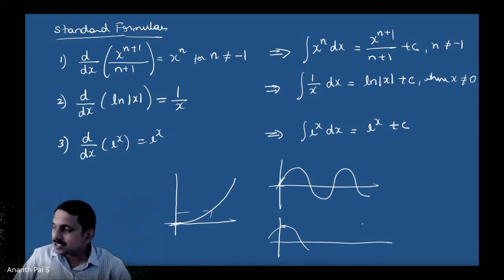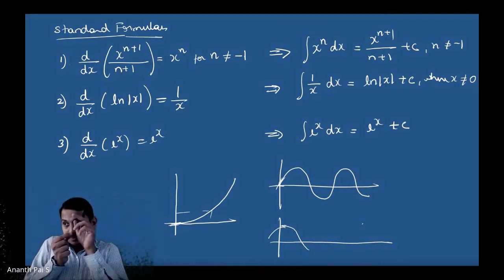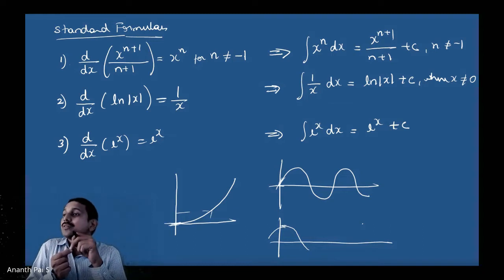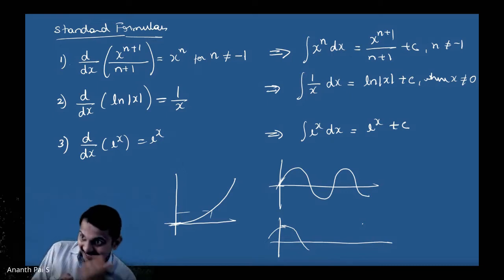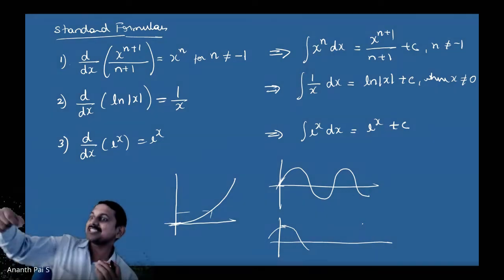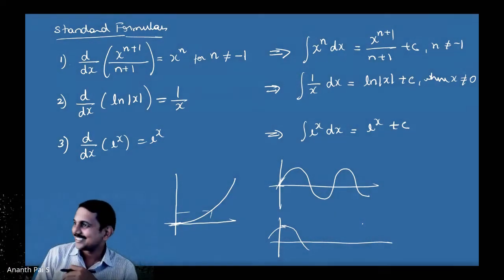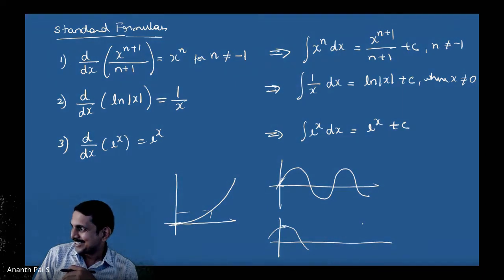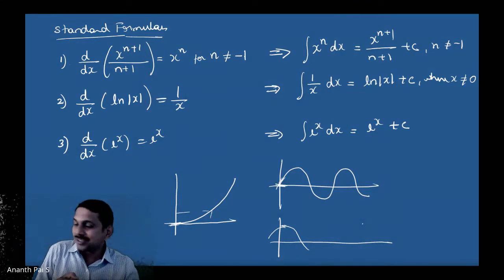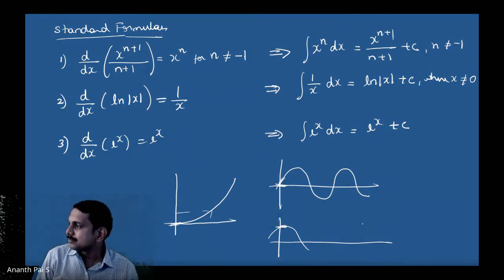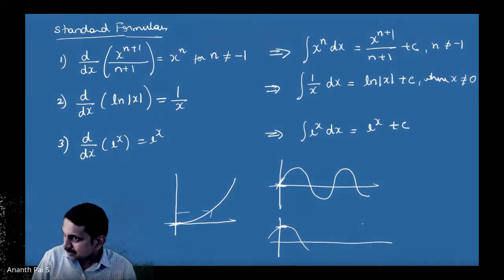When the displacement is 0, the acceleration is also 0. Displacement is in one direction, the acceleration is in the other direction. When the displacement is 0, the velocity is maximum.